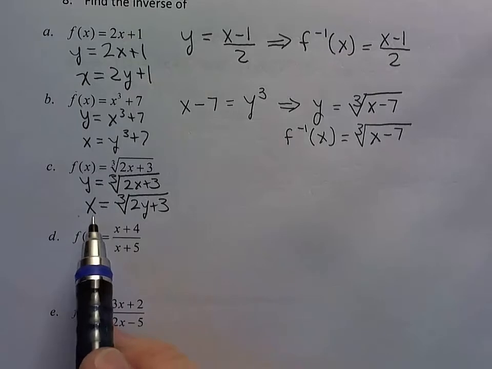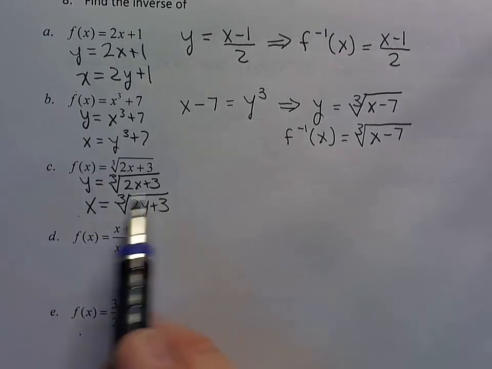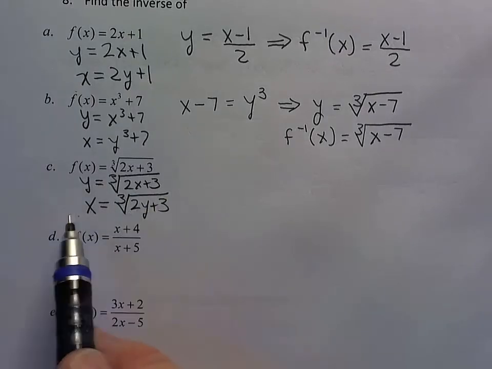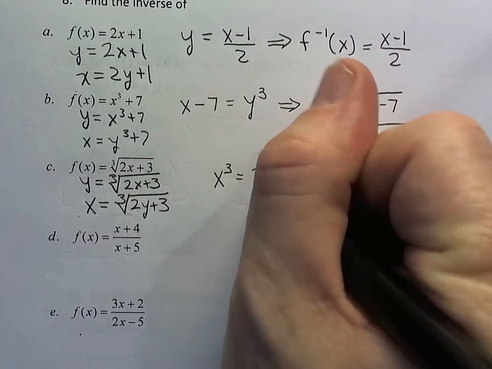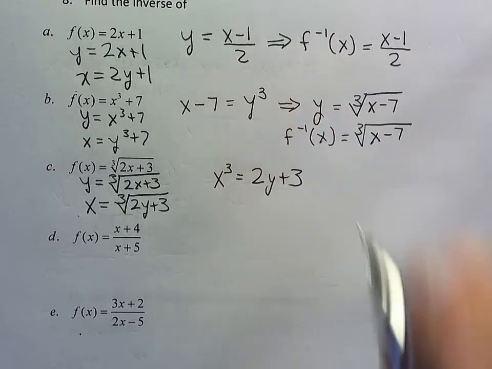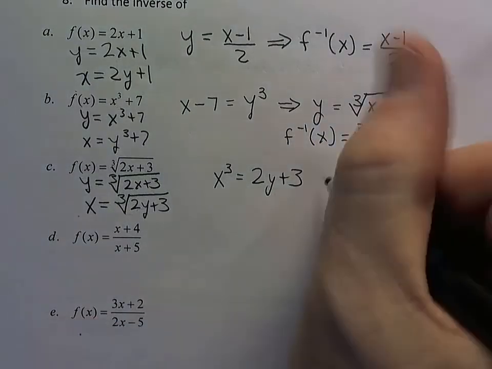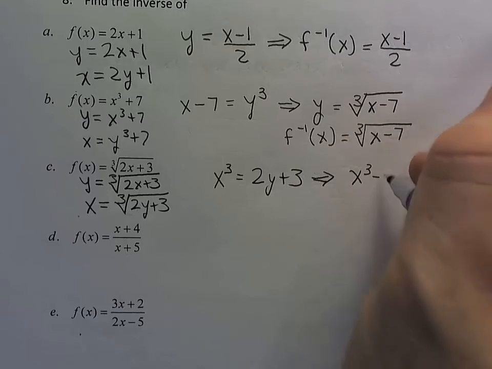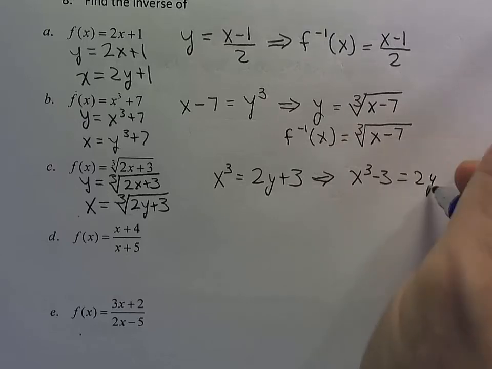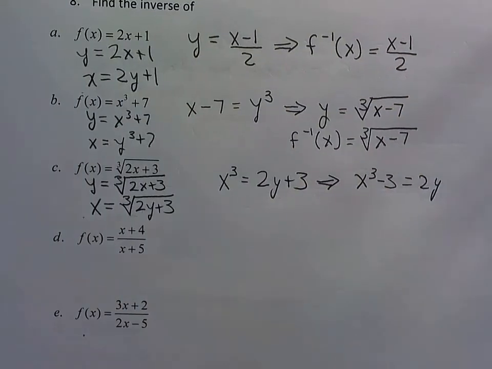Now, so we've got to solve for y here. Y is underneath this cube root, so I need to cube both sides. So I get x cubed equals 2y plus 3. Subtract 3. And then divide by 2.